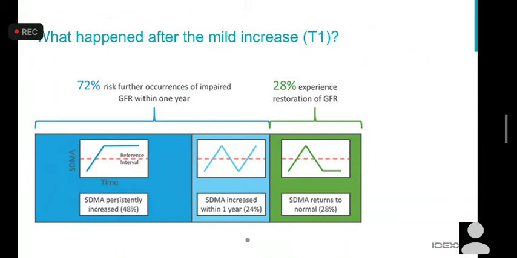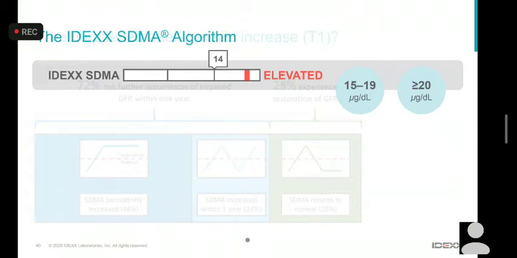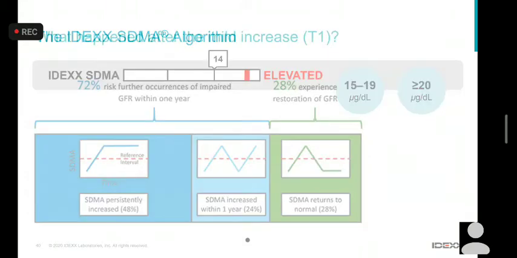So it looks a bit weird in this graph, but the addition is that 72% of the patients had either a persistently increased SDMA or an SDMA that re-increased again after normalizing. So it does show that even a mild increase is statistically meaningful, and it makes sense to retest them.